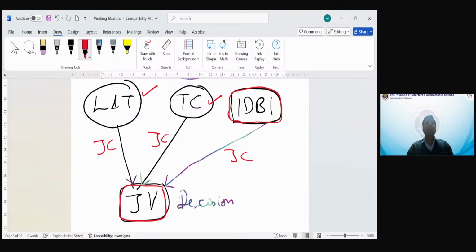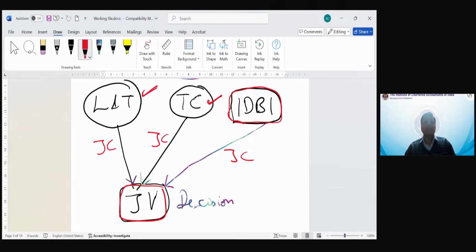But if you look at the fact pattern, what does it say? It says that any important matter over which a decision will be taken, what will L&T and TC do? They will only inform IDBI. Are they reaching out to IDBI for taking their consent?